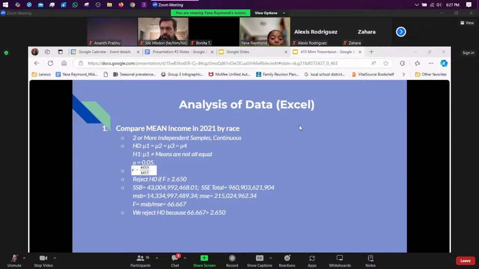Therefore, we do not reject the null hypothesis because Z is greater than negative 1.960. We do not have statistically significant evidence at the 0.05 level of significance to show that the mean maternal mortality rates between those 2 years are statistically different.